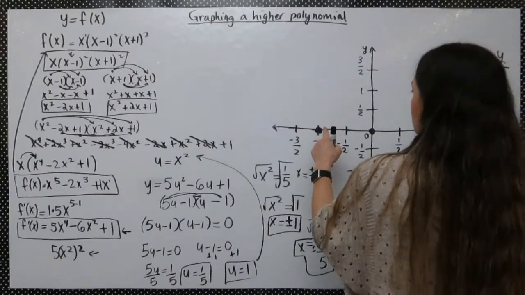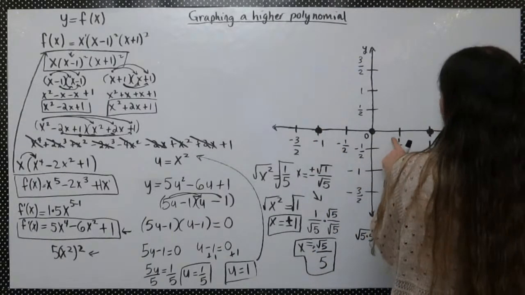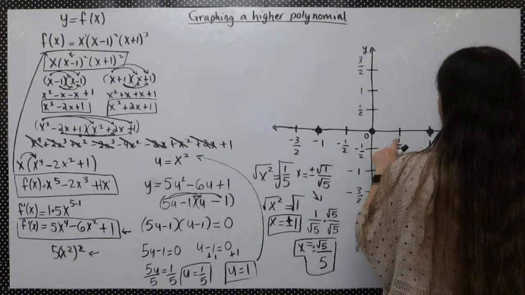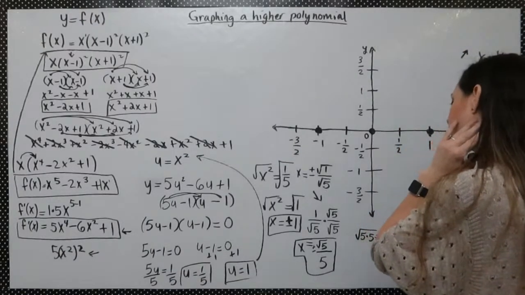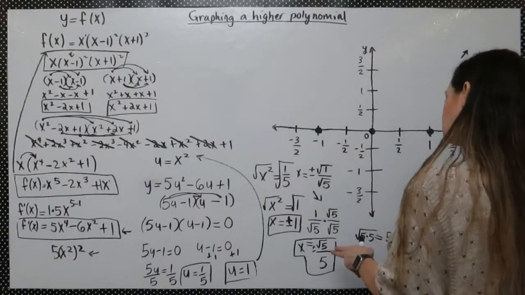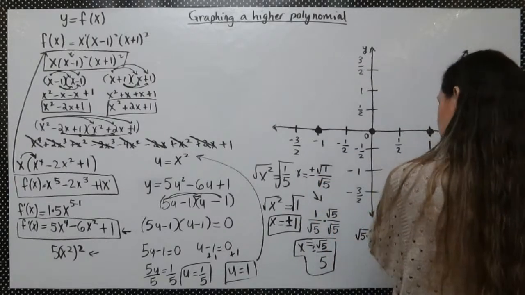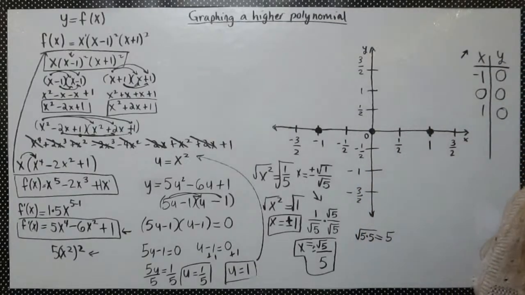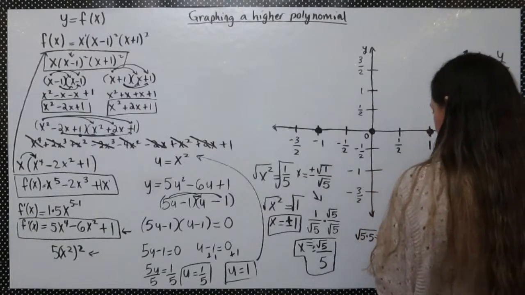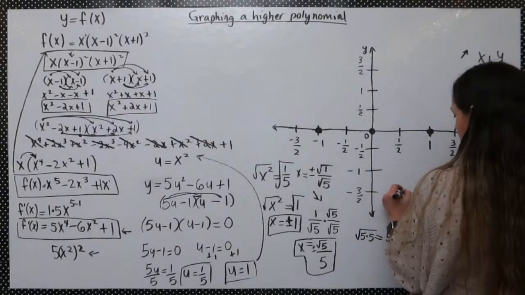So I already kind of knew about these, but it's also telling me there's a maximum or minimum at those values. So radical 5 over 5, though. So I have plus or minus 1, and then I have this value. I'm going to use my calculator, I guess. What is radical 5 over 5? Let me see. That is 0.44. Yeah. We'll put it here.